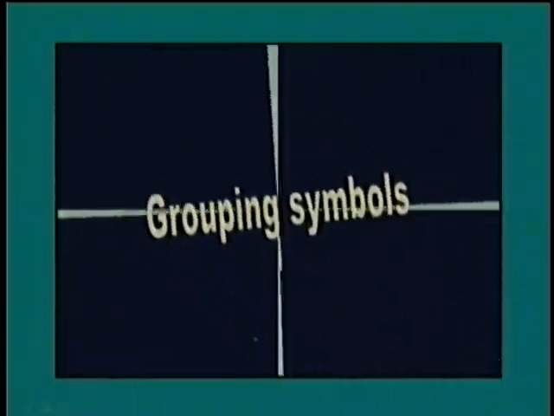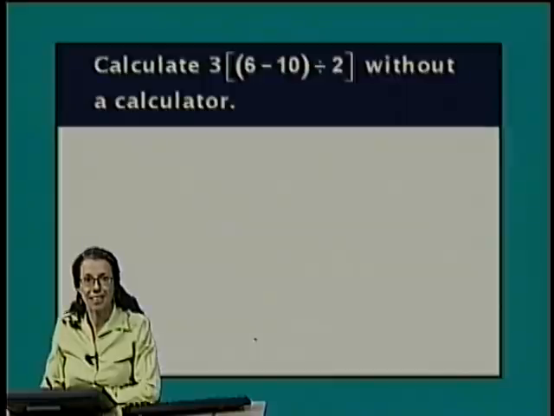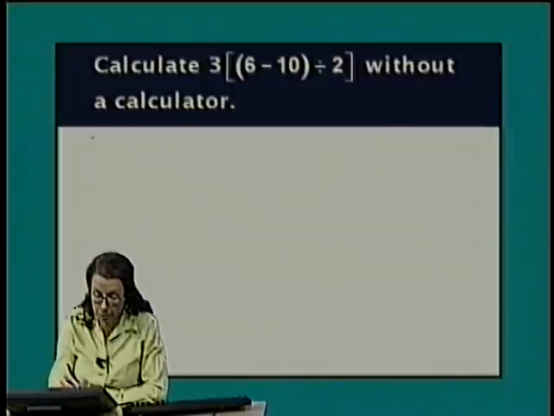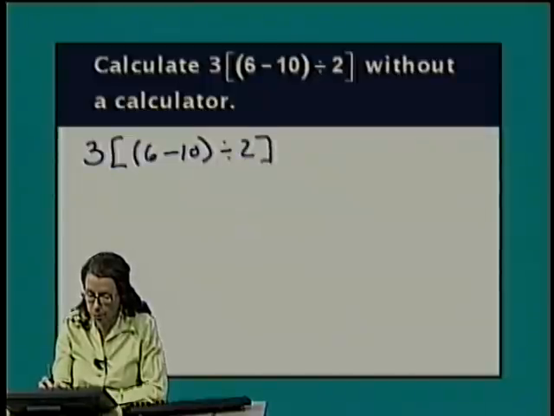Now let's talk about grouping symbols. I'm going to start with a problem that uses nested grouping symbols. And the first thing I'm going to do is do this by hand. So I have 3 times the quantity, 6 minus 10 divided by 2.